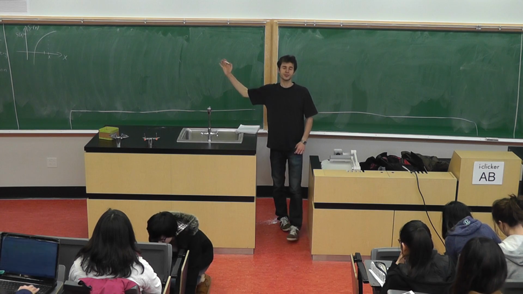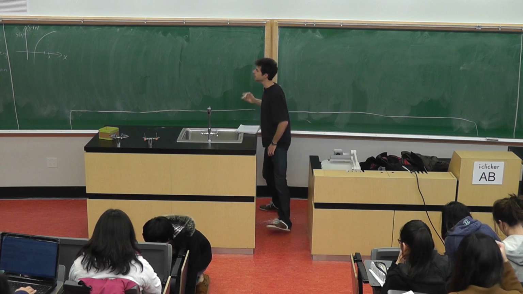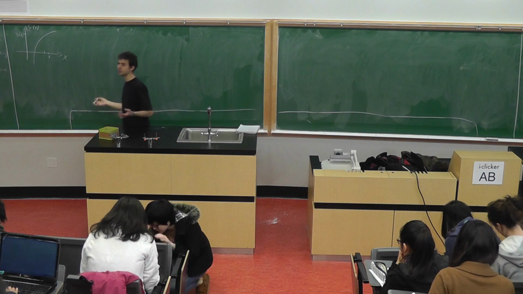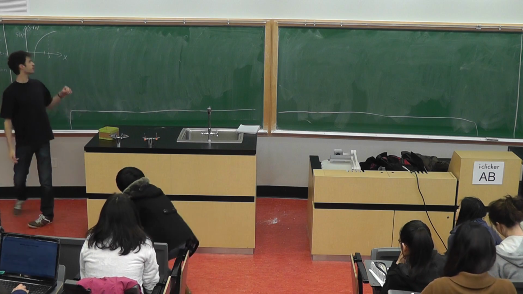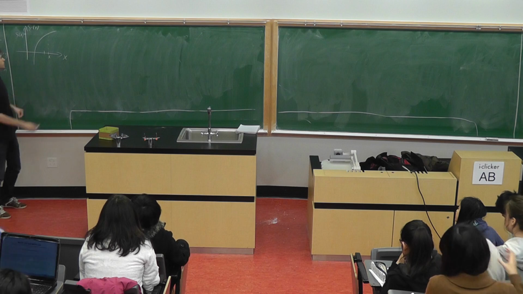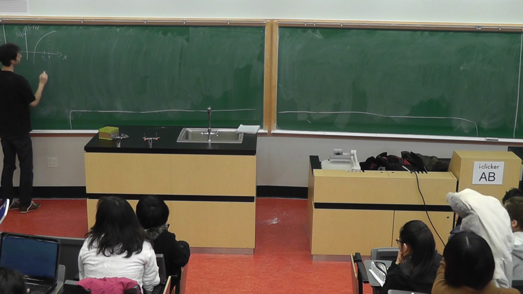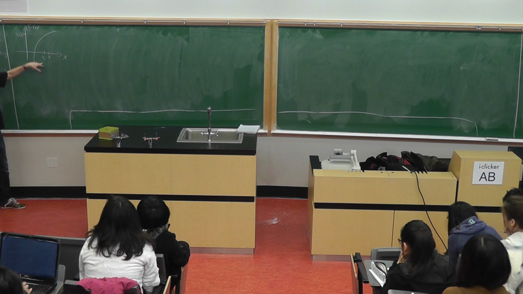So we wanted to find the value f of x, but the problem was, for some reason the function was complicated, f of x was hard to compute. Instead, we could find out what is f of some nearby point, x naught.